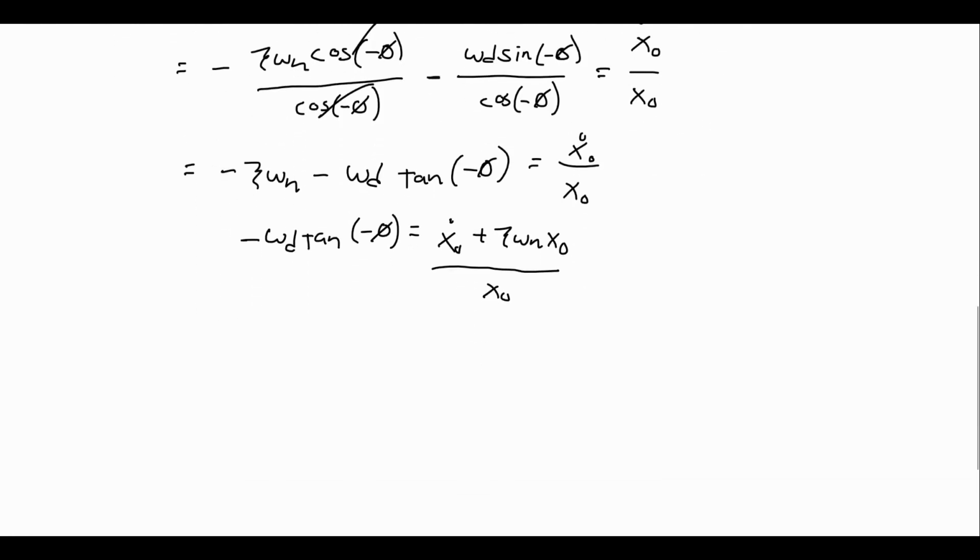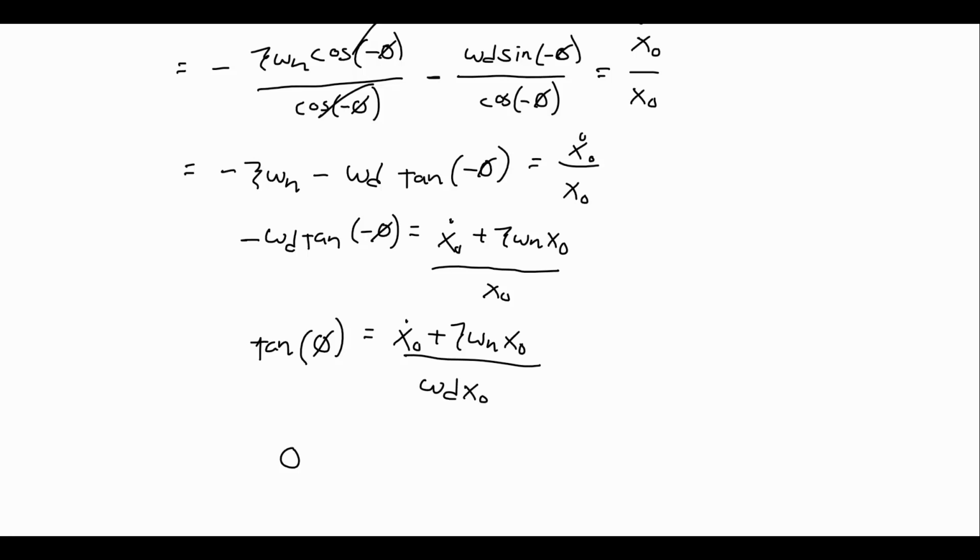And I'm almost there. I know that tangent of negative phi is the same as negative tangent of phi. So this negative and this negative are going to cancel, and I can divide through by omega_d while I'm here as well. So divide both sides by omega_d x naught.